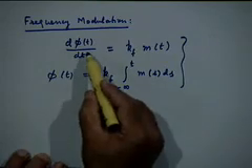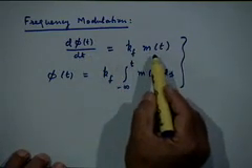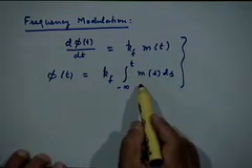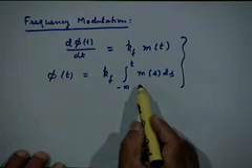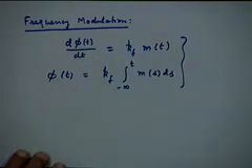Either you say that the instantaneous frequency deviation is proportional to m of t, or the instantaneous phase deviation is proportional to the integral of m of t, right. This basically follows from this, integrating both sides. Fine. These are fairly simple concepts so far. I don't think there should be any difficulty.